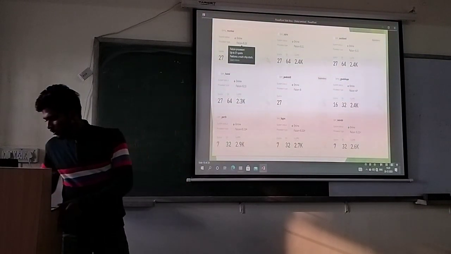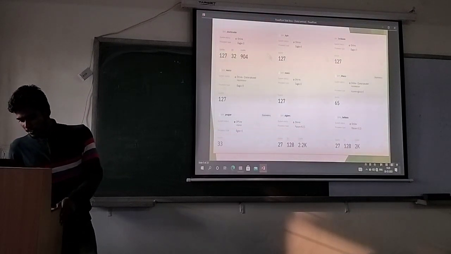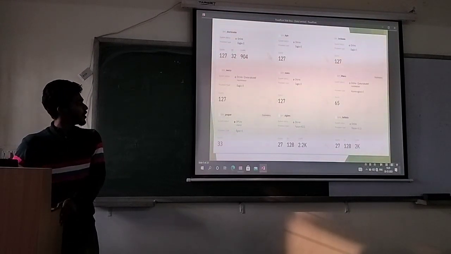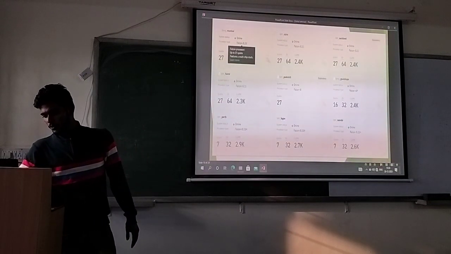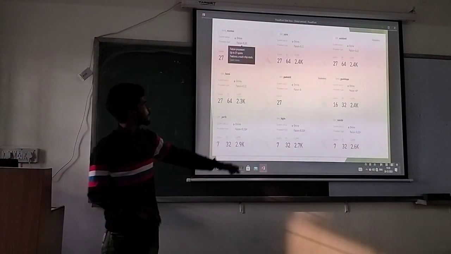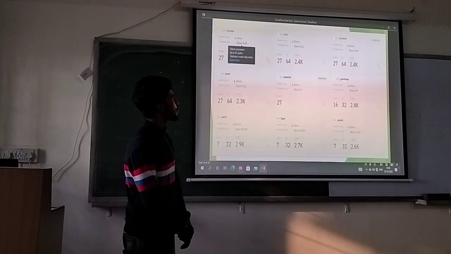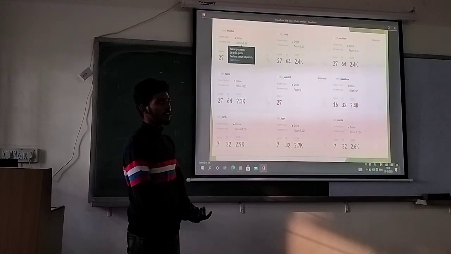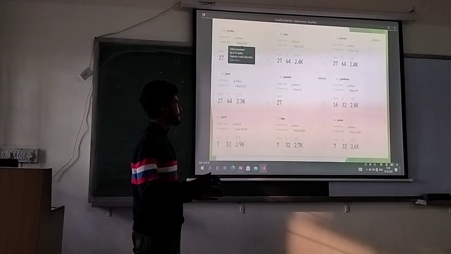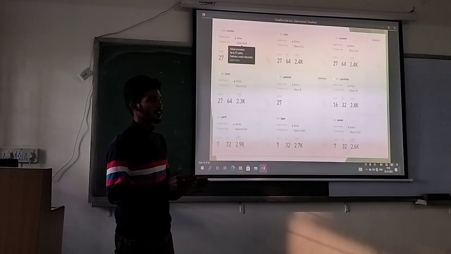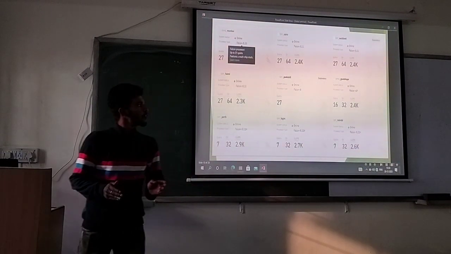In the previous one also, with 27 qubits we get 128 quantum volume, but here with 27 qubits we get 64 quantum volume. So the quantum volume can be raised by removing the error in the quantum circuit. By reducing the error, we can increase the quantum volume, and the higher the quantum volume, the higher the processor efficiency.